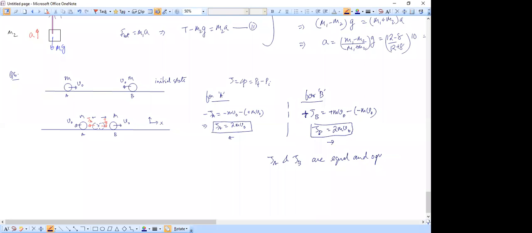They're the same magnitude but opposite in direction because they come from the action-reaction principle. Their magnitudes are 0.6 kilogram meter per second, or you can express it as newton second, each, because the mass was given to us and V naught was given to us. So from that we'll get these values. The mass is I think 0.05 kg or something.